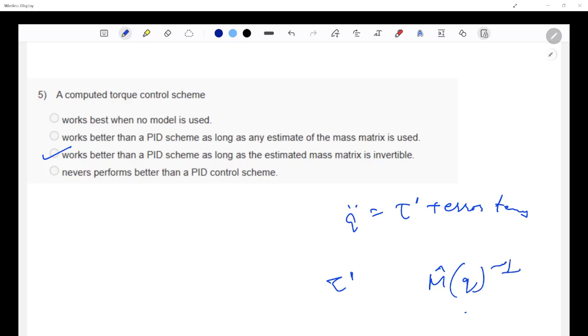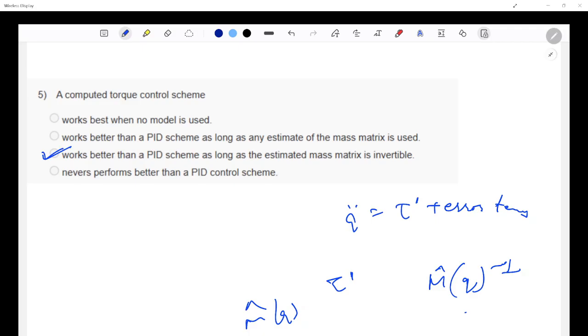Okay, so if mass matrix is invertible, control law is valid. If the parameters are slightly wrong, performance is still better than PID. So even an approximate model improves performance as long as the mass matrix is usable, when it is invertible. Okay, so this option is correct.